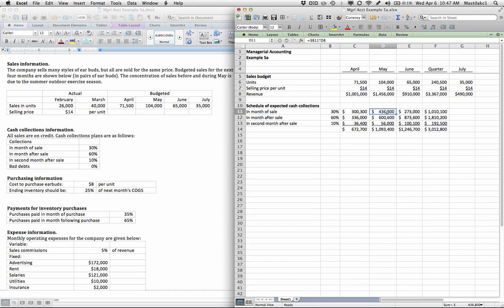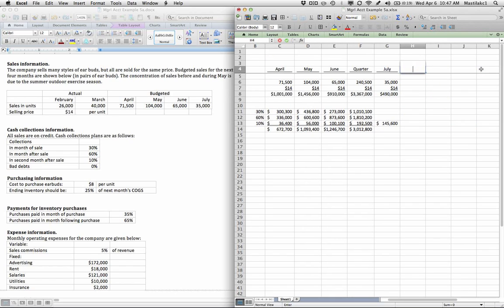We look at May's sales. 30% of May's sales are going to be collected in May, 60% of May's sales will be collected in June, and the remaining 10% of May's sales will be collected in July. If we look at June sales, we know that 30% of June sales will be collected in June, 60% of June sales will be collected in July, and 10% of June sales will be collected in August.